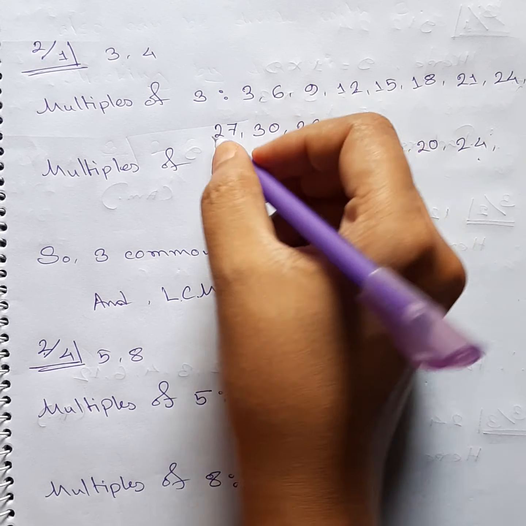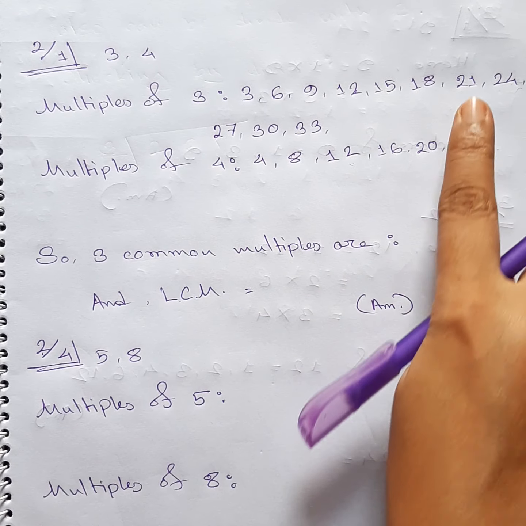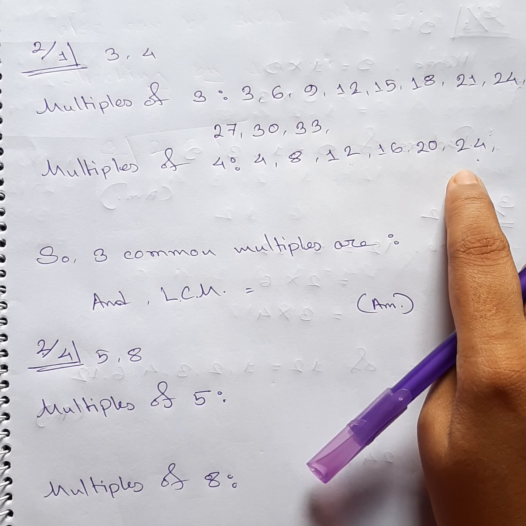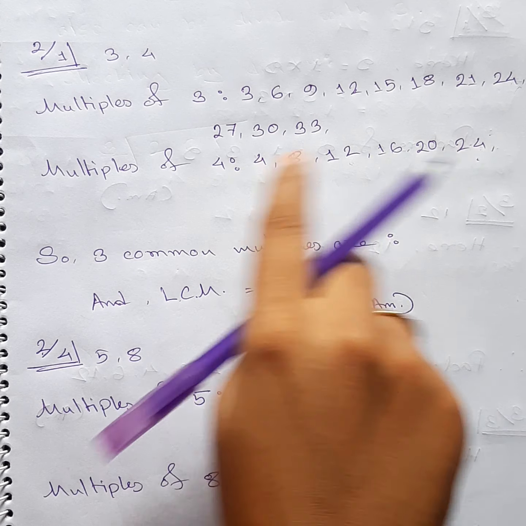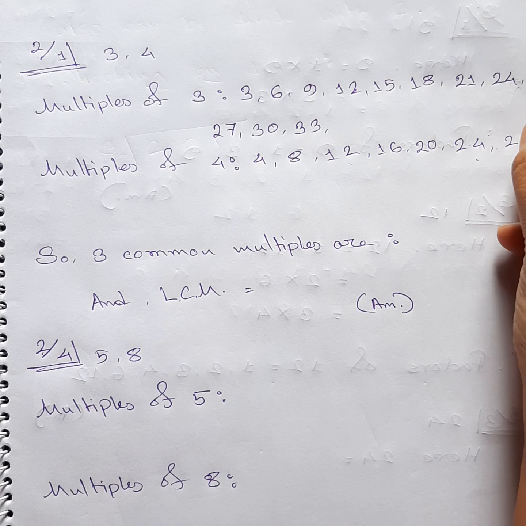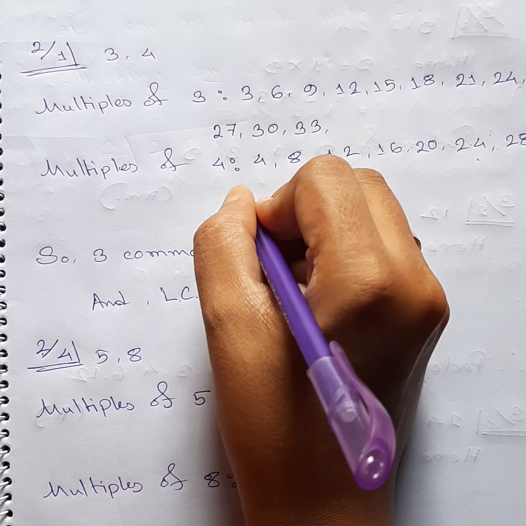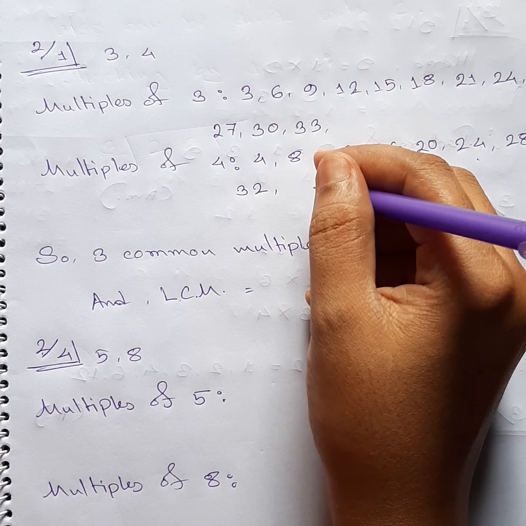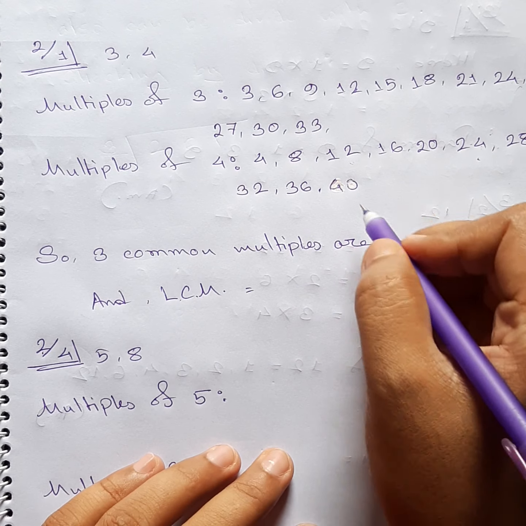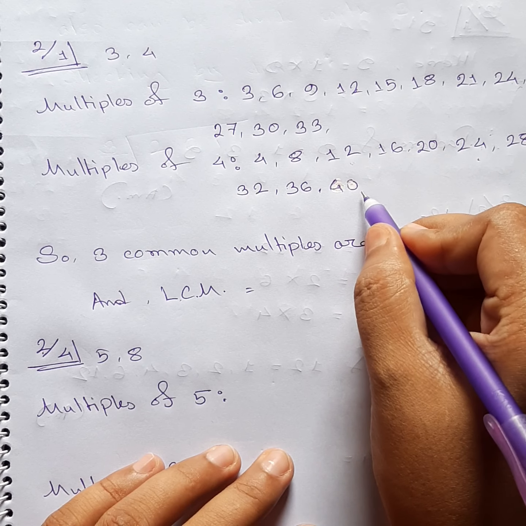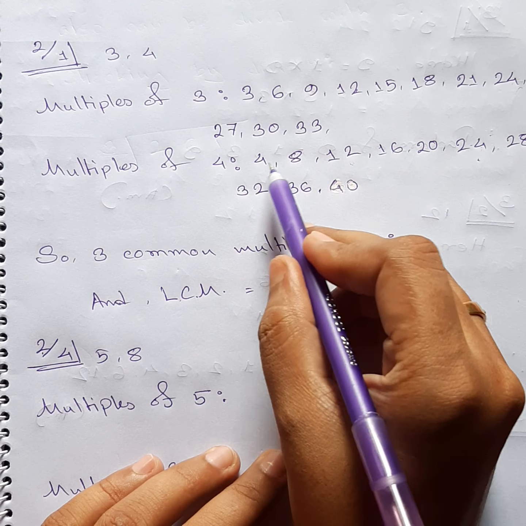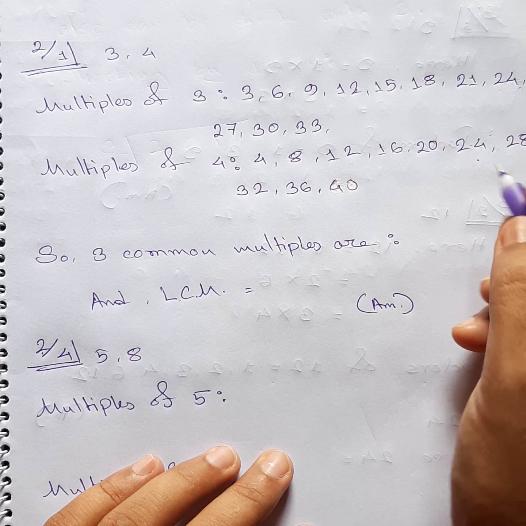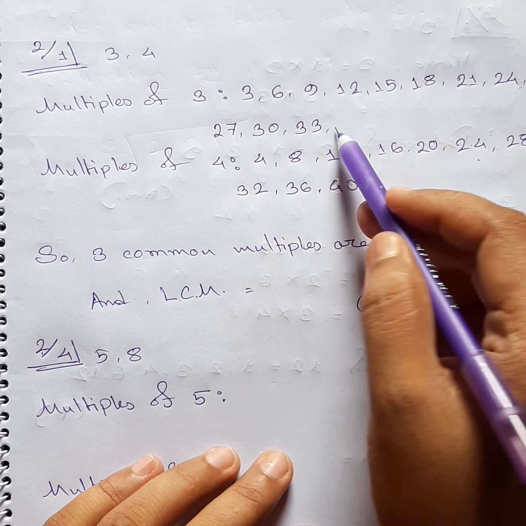I have finished writing more, in total 5 multiples of 3 over here. Now I'm going to write down 5 multiples of 4 here. I finished writing 5 multiples over here, and you can see I wrote down in total 10 multiples.